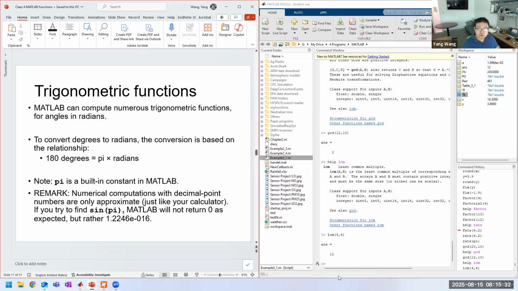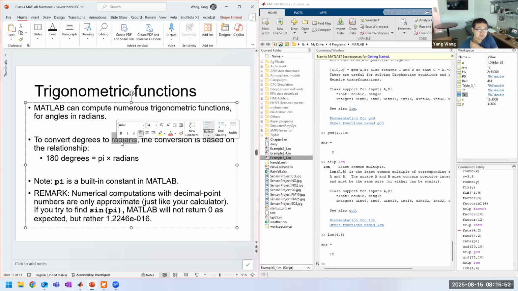And then we also showed the example of the trigonometric functions, right? We showed the tangent, we showed the sine. One thing we need to pay attention to is that a lot of times we may say sine 90 degree, right? The 90 degree is shown in degrees, but for the trigonometric functions in MATLAB, you have to use radians, right?